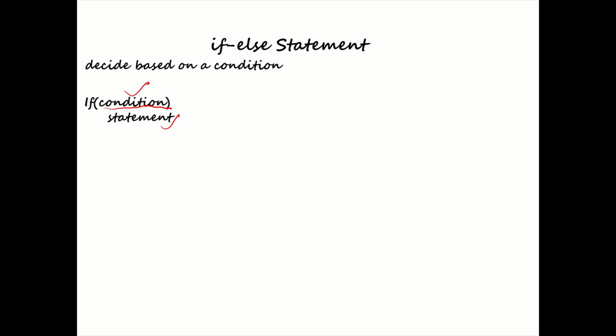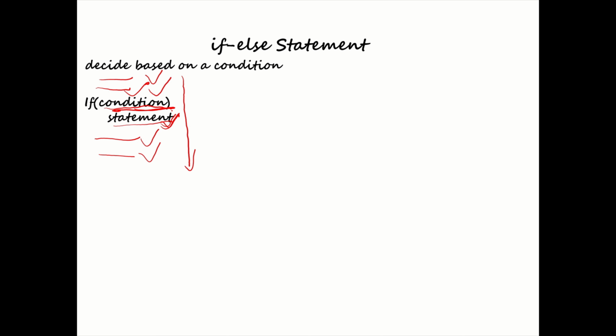If this is true, then this statement will be executed, otherwise it will not be executed. Imagine I have a statement here, and then another statement. The JVM will execute from top to bottom, and this will be executed, this also, but this one will be executed only if the condition is true, otherwise it will continue executing the next statements.